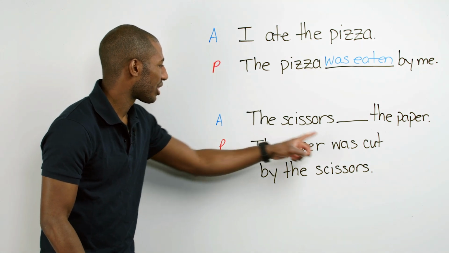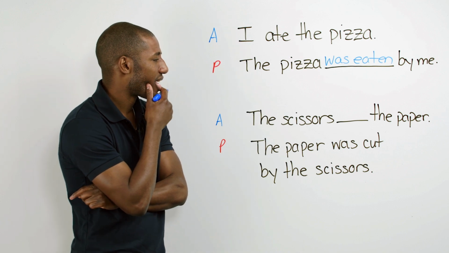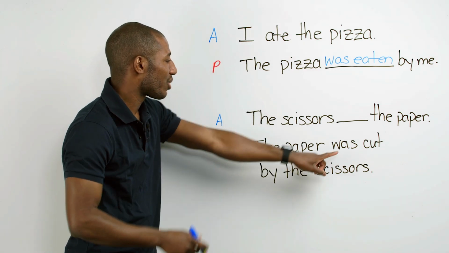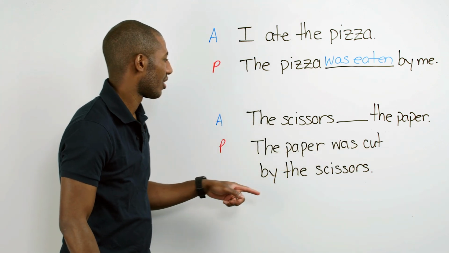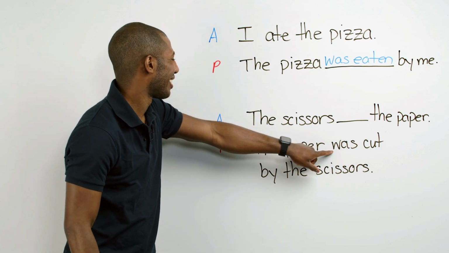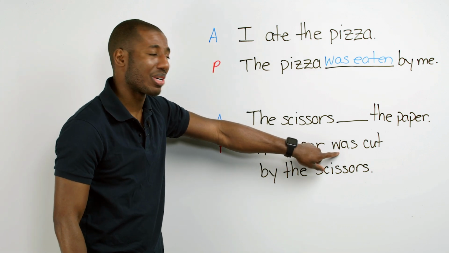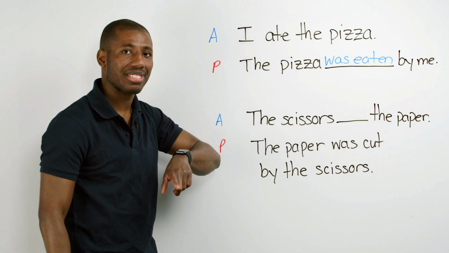The paper was cut by the scissors. Well, I have my to-be verb as well as our past participle. Now it's almost like we're going backwards here, right? So we know that the tense of our to-be verb has to match our action in our active voice sentence.